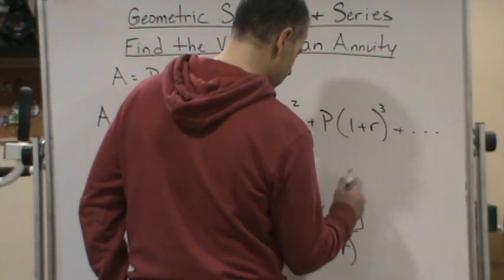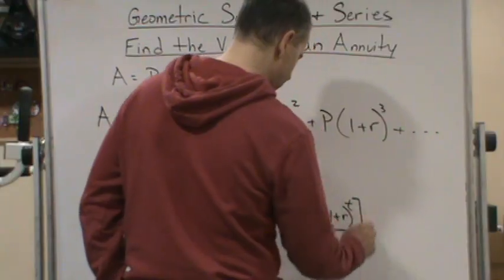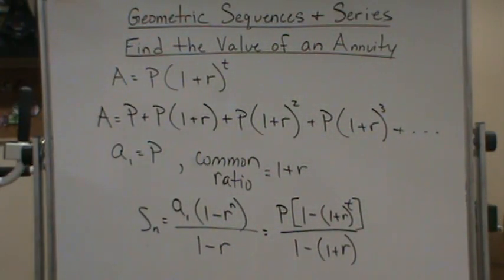Because it's a positive integer, but in this case we're dealing with years. So in this case we're replacing N with T. Okay?